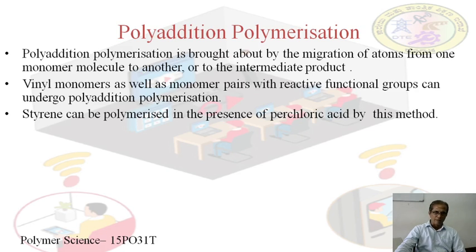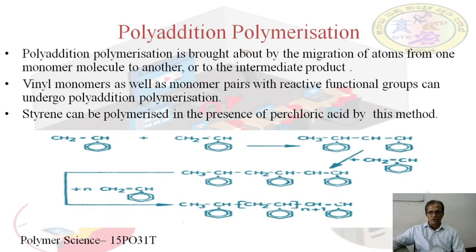Let us take one example: styrene monomer. If you make styrene monomer polymerize in the presence of perchloric acid, this will proceed in the formation of a product like this.